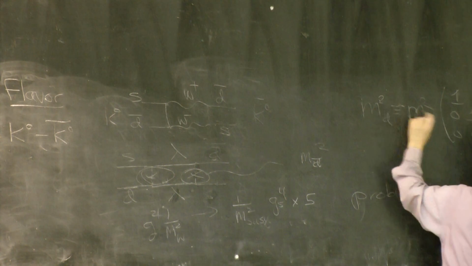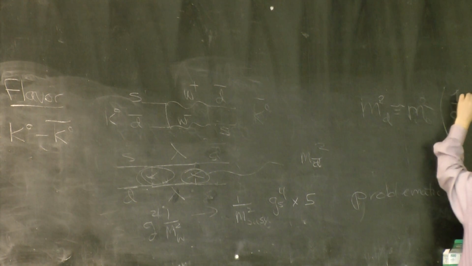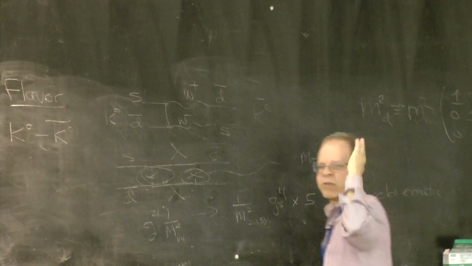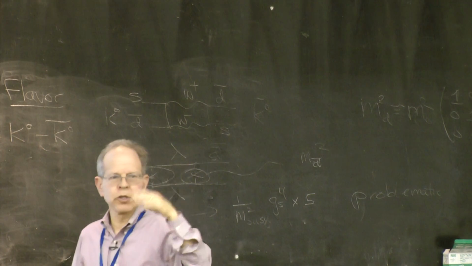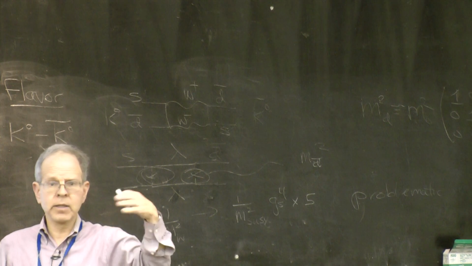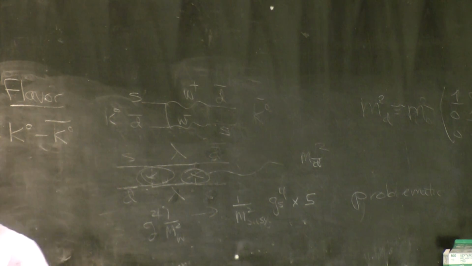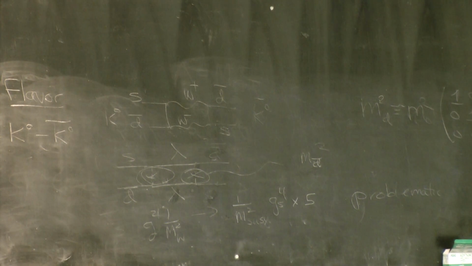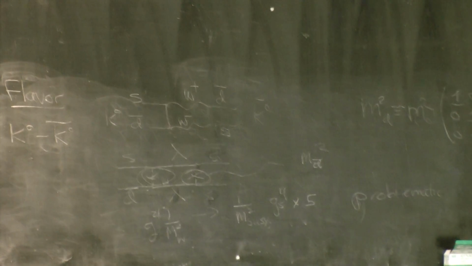I should put approximately here because this can't be exact, because even just under renormalization group evolution, you'll generate the off-diagonal terms. But this is a very dramatic sort of problem. It's a problem we also talked about already in the context of Technicolor and so on. And there are a variety of ways we might imagine solving that. We'll talk about them in a moment.